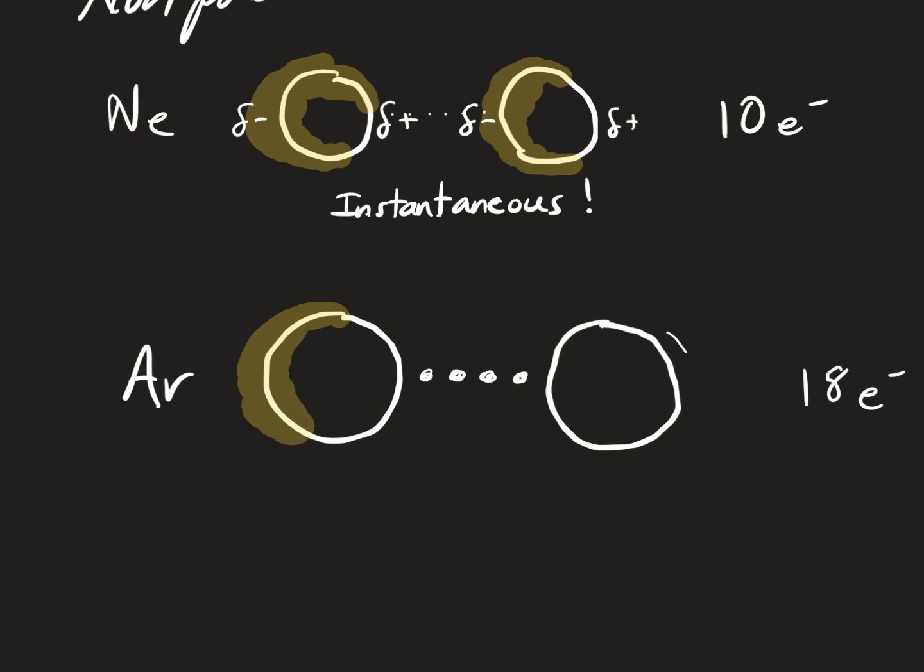And it can happen more on the argon because it's got more electrons. So if that happens instantaneously with argon, you're going to form a negative side and a positive side and a negative side and a positive side. But the attraction is going to be stronger between the argon, okay?